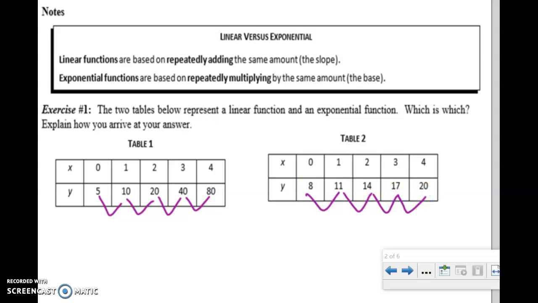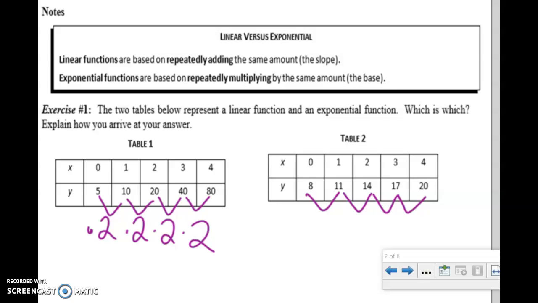So in the first one, we can see that we go from 5 to 10, 10 to 20, 20 to 40, and 40 to 80. So we're not increasing by the same amount. One is an increase of 5, then 10, then 20, then 40. But we could say that we're multiplying by the same amount. So times 2, and times 2.